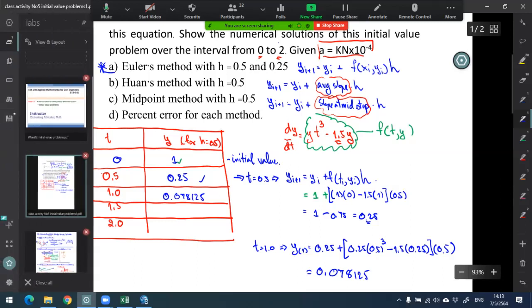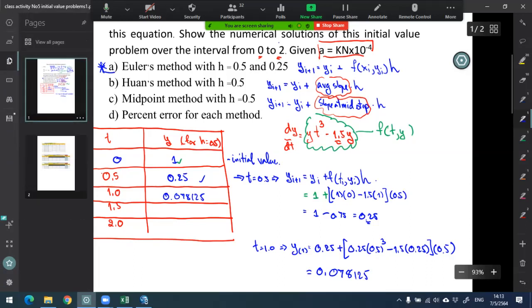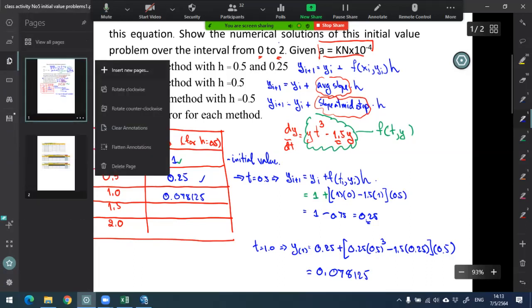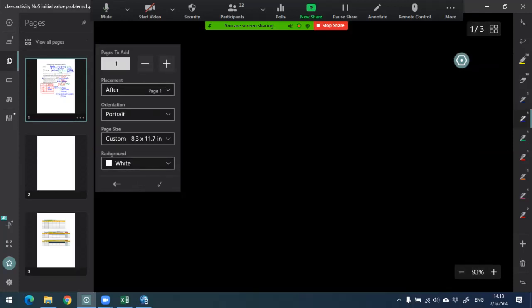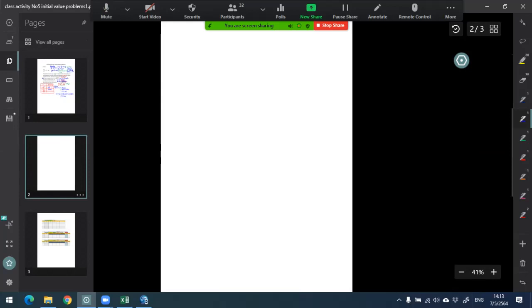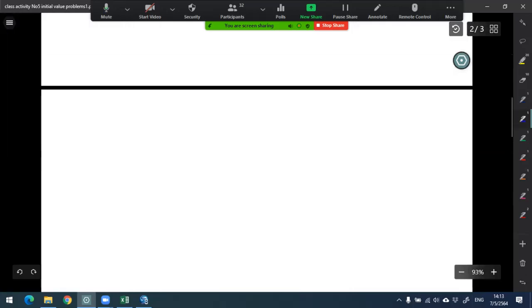Okay, so then we will working on that. For Heun, okay, we have the equation of dy by dt equal to yt cubed minus 1.5y.